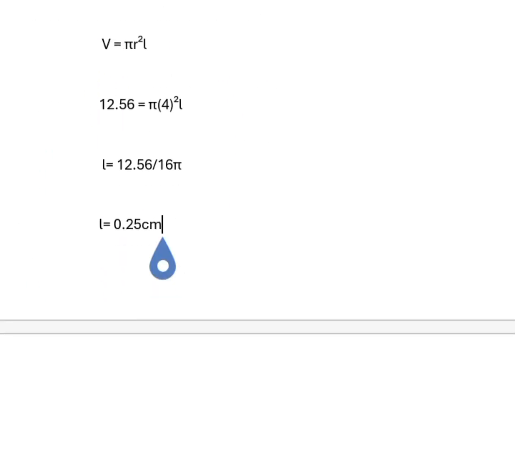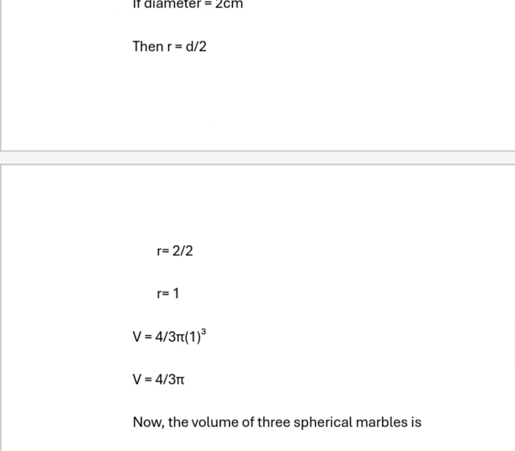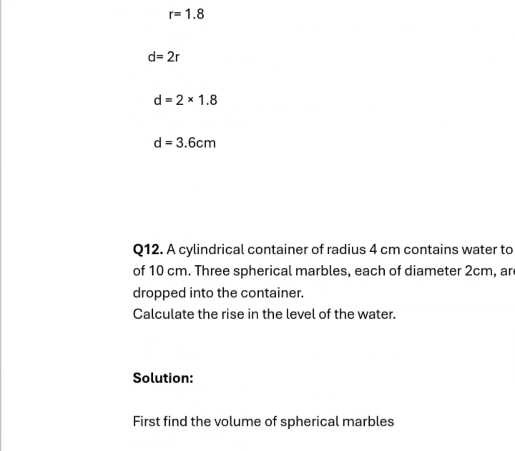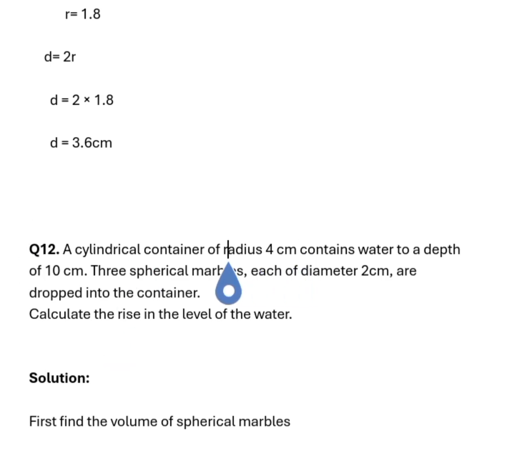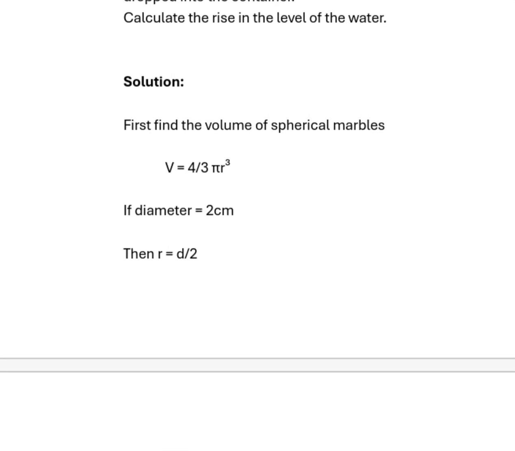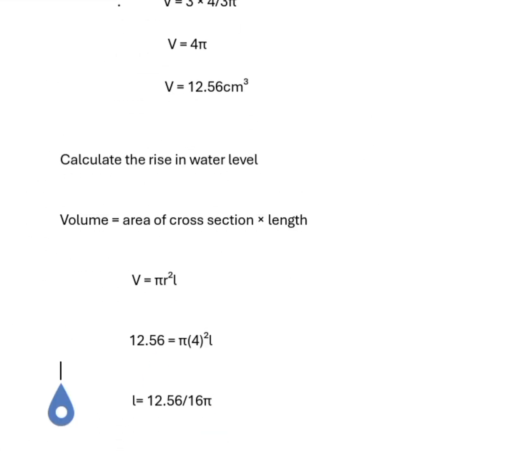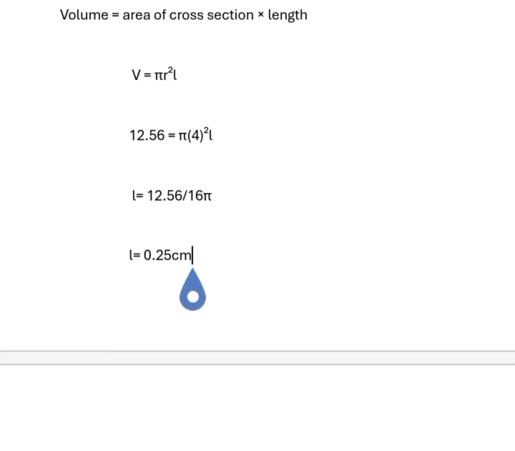So 12.56 is equal to pi into 4 square, because we are given the radius, which is 4 centimeter. The radius of the cylindrical container is 4 centimeter, so we put this value 4 square. So L is equal to 12.56 divided by 16 pi, which is equal to 0.25 centimeter.